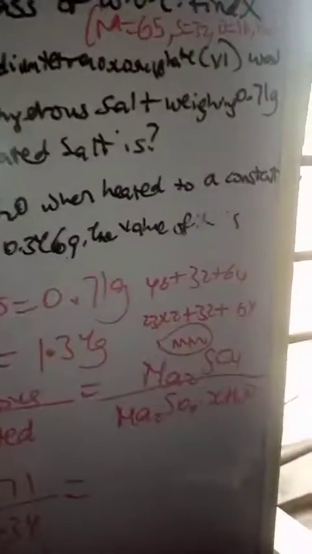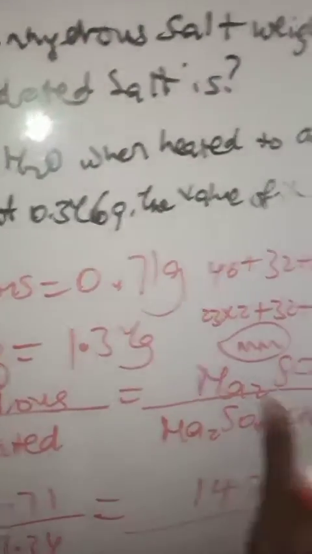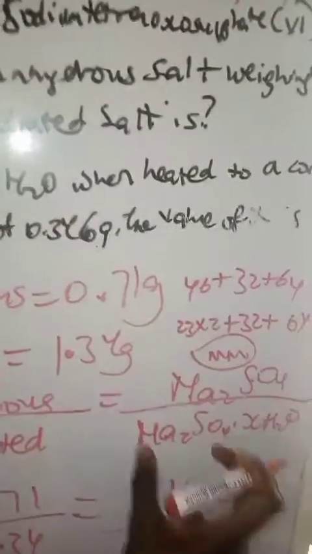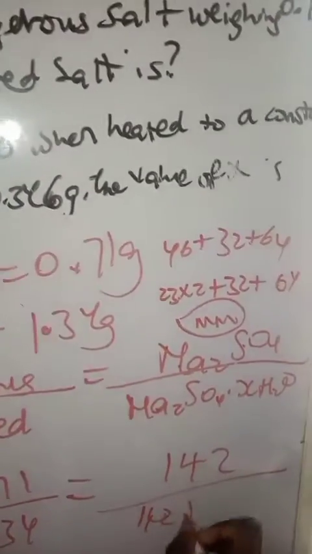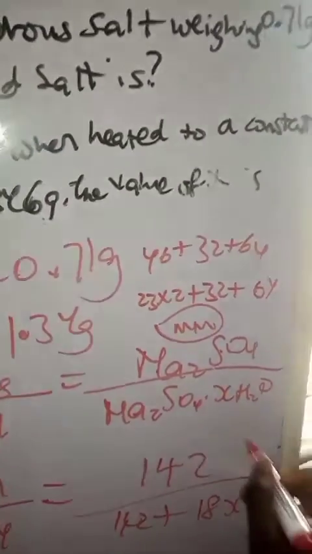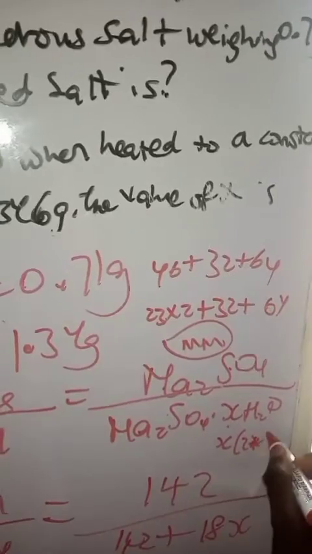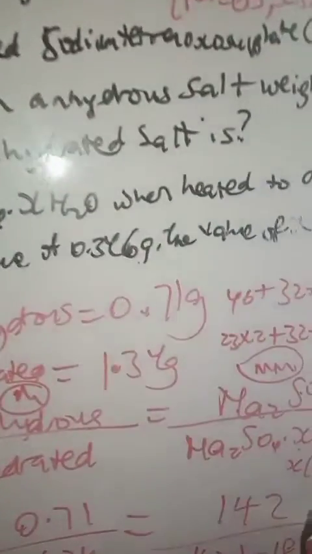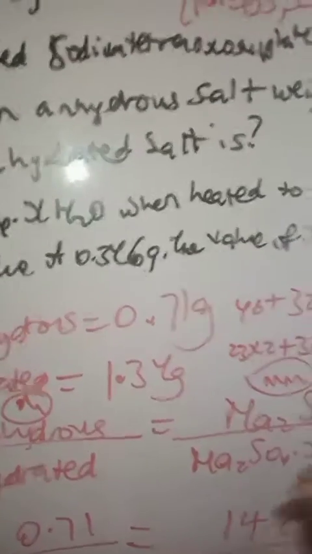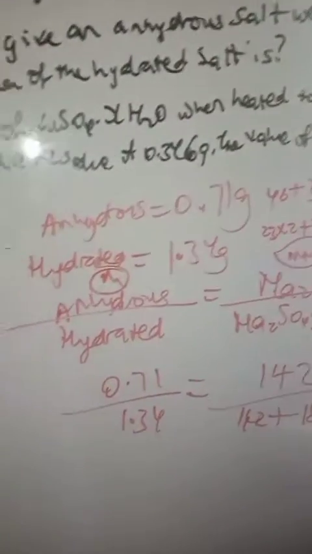You add it up, you are going to get 142. So Na2SO4 is 142. This is another Na2SO4, 142 plus 18x. I've explained how I got the 18x: x into bracket 2 times 2 plus 16, which is 18.